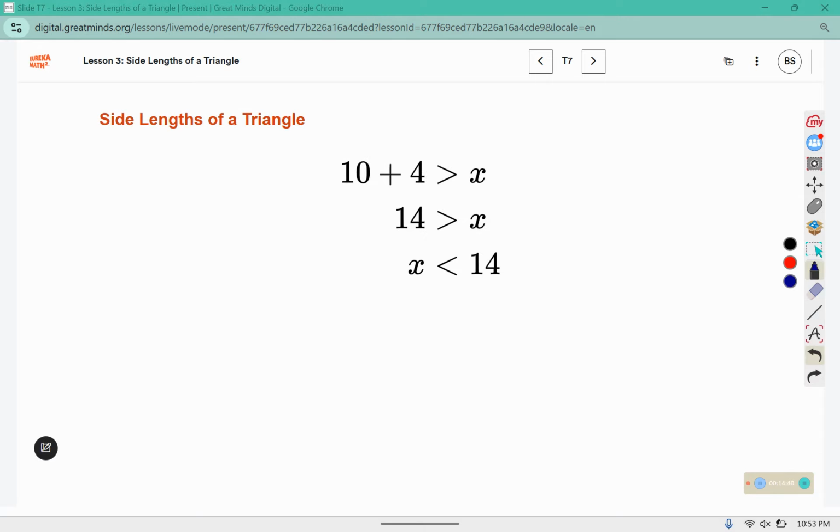This would be the case where the two given sides are the short ones. The sum of the short sides has to be greater than the longest side. So if we solved this inequality, 10 plus 4 is 14. So 14 has to be bigger than x, or you can rewrite it the opposite way.